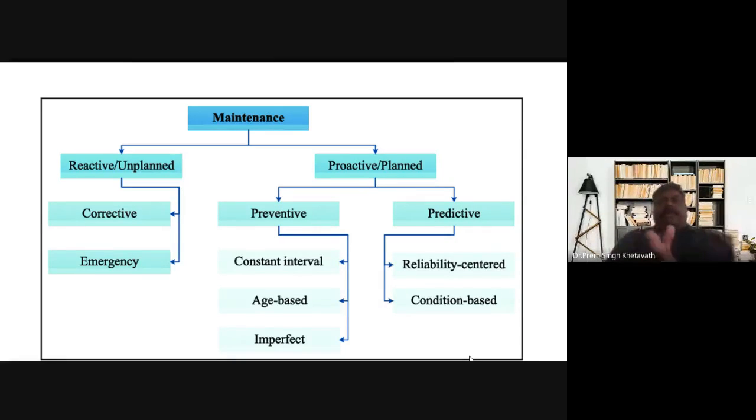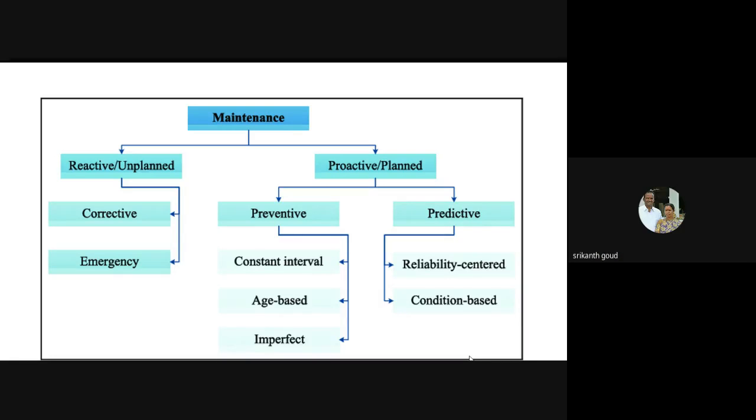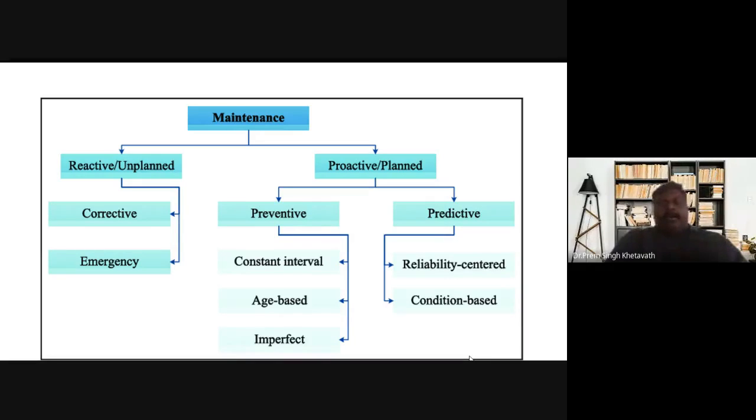For example, in reactive, corrective maintenance we have to do, meaning we have to treat it correctly. Emergency we have to do, meaning fast forward. For example, emergency services in motors, emergency services in hospitals, and the emergency darshans we have in our pilgrimages, in our temples, where we have a separate line, or the ambulances where we don't have any traffic rules.